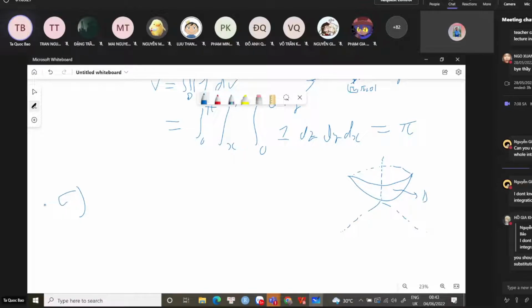So we have a volume, triple integral of 1 dV, and this equals integration from -3 to 3, from minus square root 9 minus x power 2 to square root 9 minus x power 2.